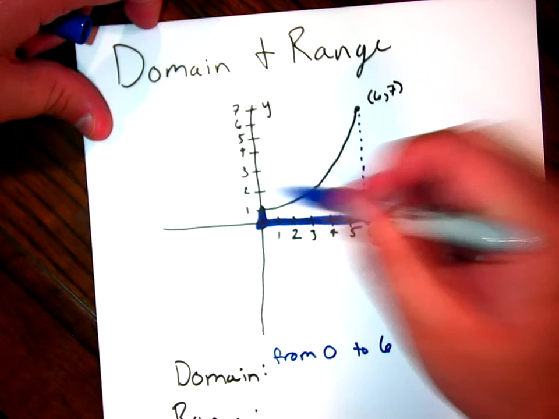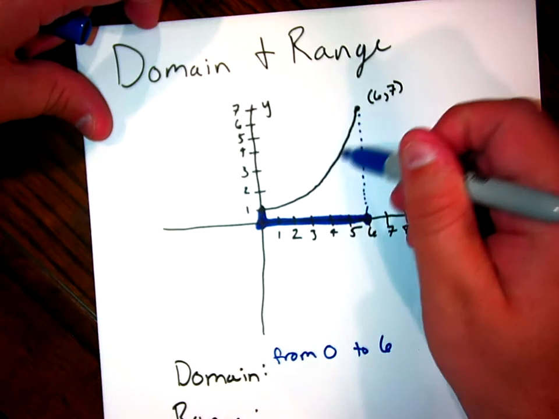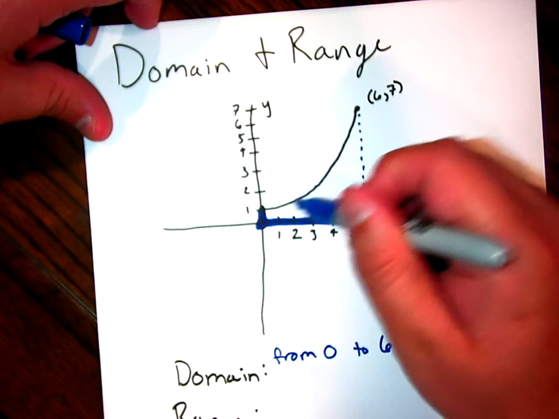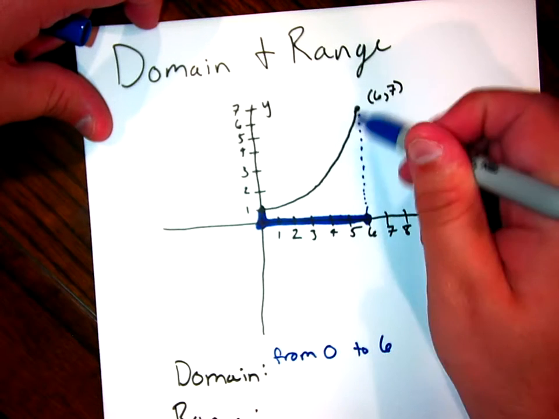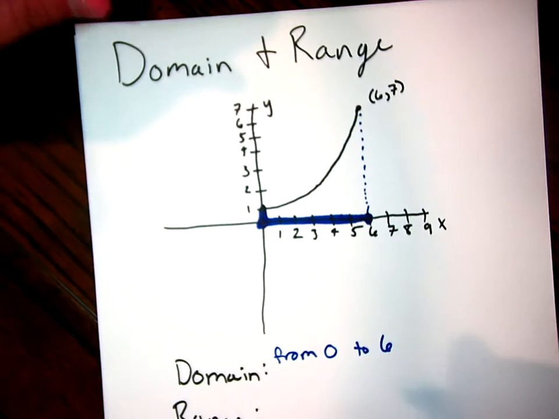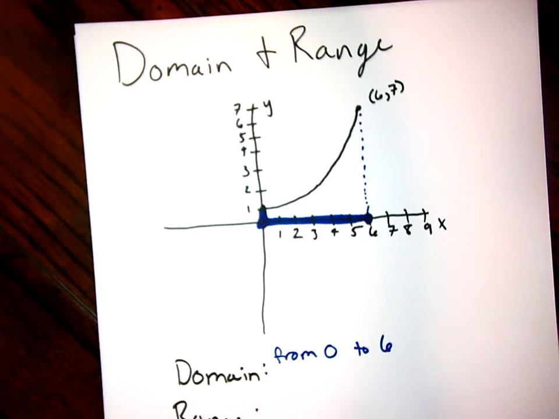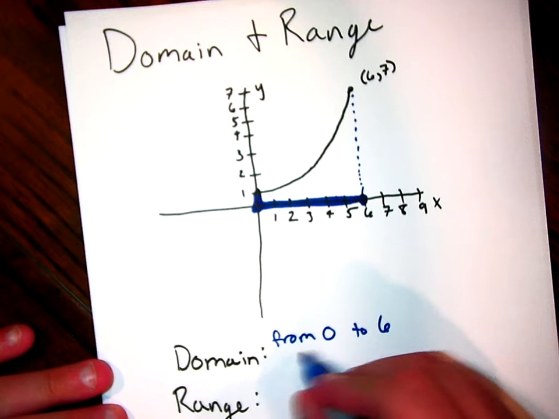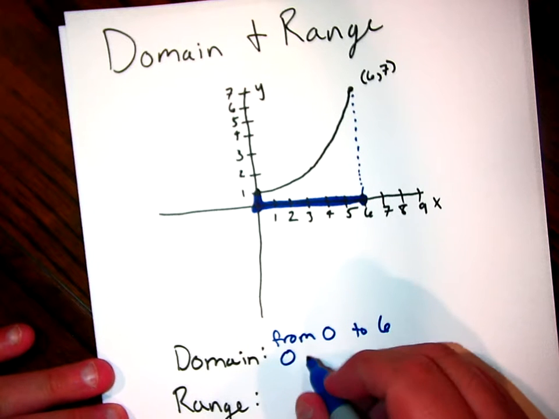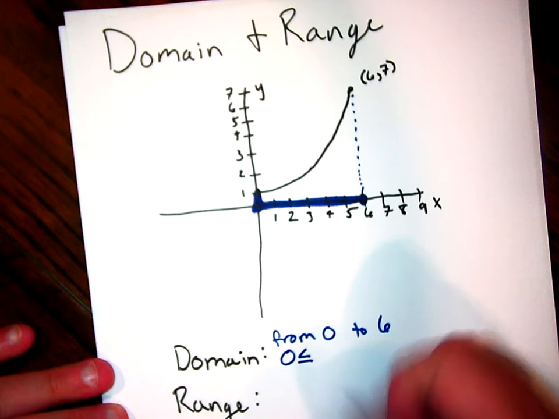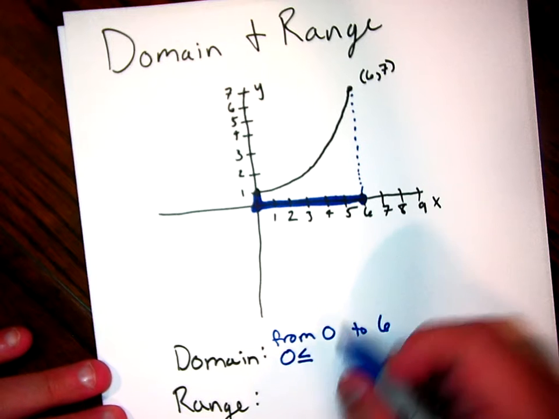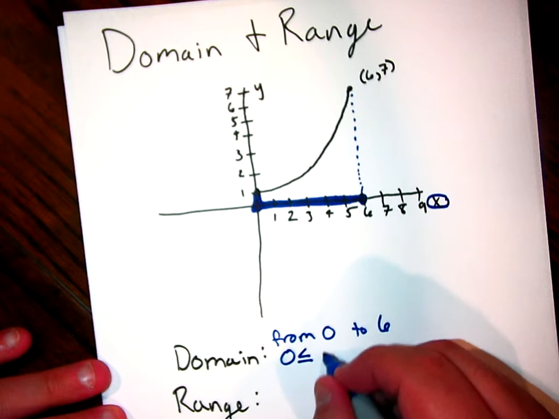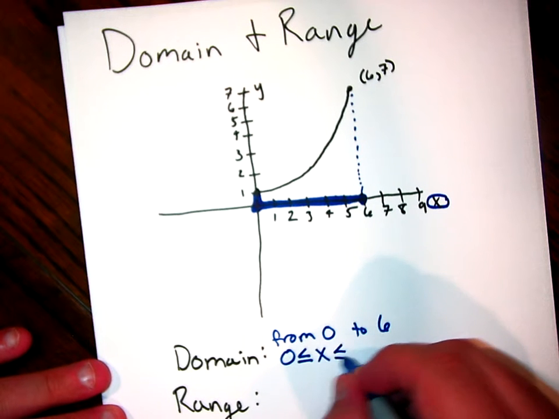Okay, so 3.5 is on my curve. So all of these x values here, everything from 0 to 6, is in there. If you want to talk about specific denotation, the math denotation for that is going to be the lowest value, 0, is less than or equal to x, since domain is talking about the x-axis, and x is less than or equal to 6.